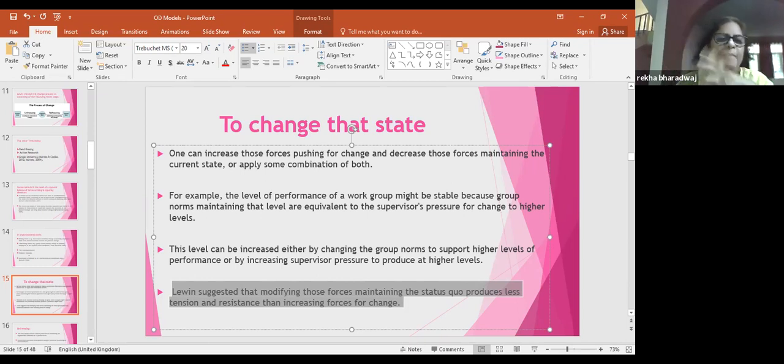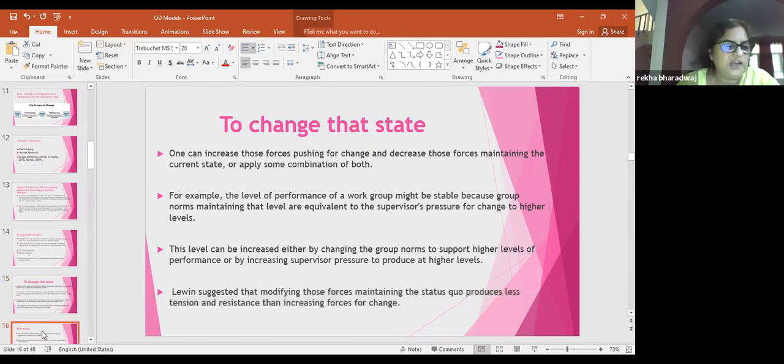And once they have built up the consensus through the leaders of the workers' union, then the production targets are set and the worker achievement norms are set, right? So this is what you do: you modify those forces maintaining the status quo, which produces less tension and resistance than increasing forces for change.